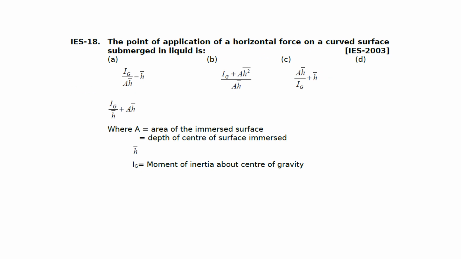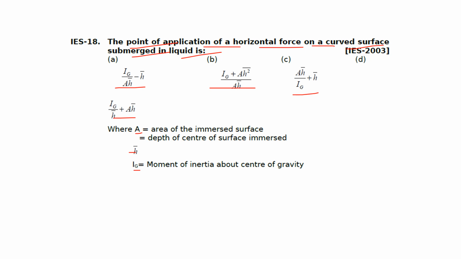Next question. The point of application of horizontal force on a curved surface submerged in liquid is. Again they are asking the formula. These are the 4 formulas, where A is the area, H is the depth, and IG is the moment of inertia about the center of gravity, CG.